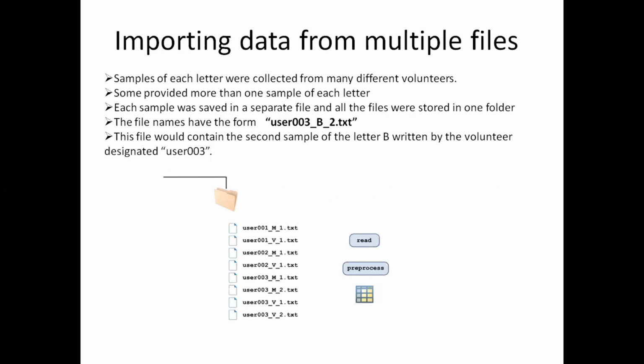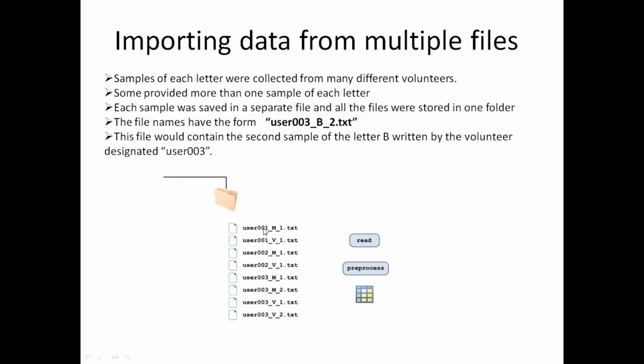It starts with the name user, then followed by the user number, 001, 002, 003, then an underscore, the character for which the data is provided, an underscore, and the sample number provided by that particular user, because one single user can provide two samples for the same alphabet. So this is the format in which the file is named, and it is stored in a folder.